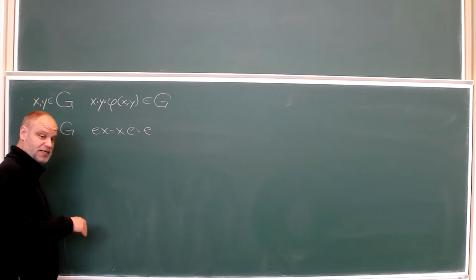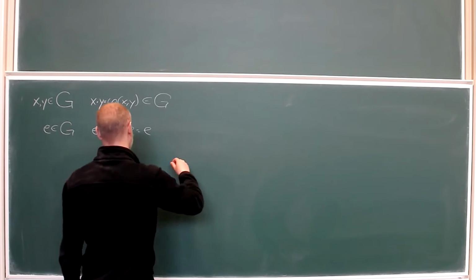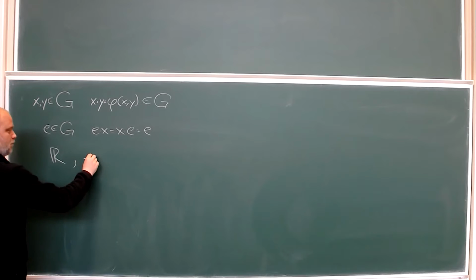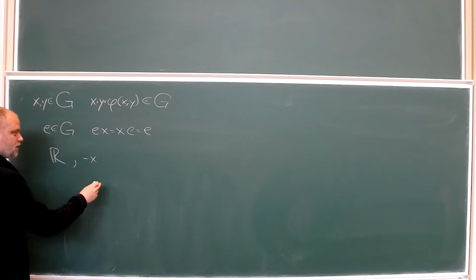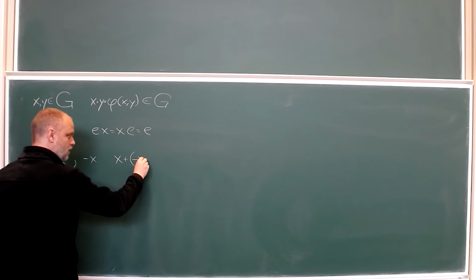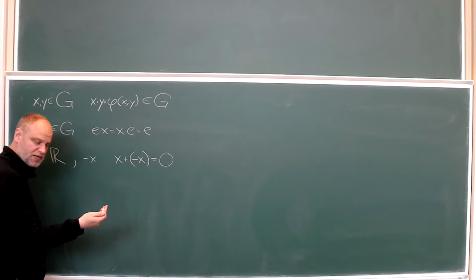Anyway, when we have an identity, we can also define inverses. So how do we define, on the real line, what we mean by minus x? Well, we mean the number such that x plus, which is the operation we have, this number minus x is equal to 0, the group identity.